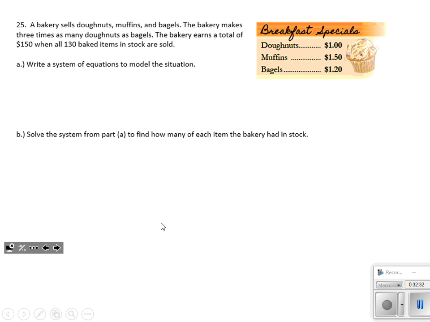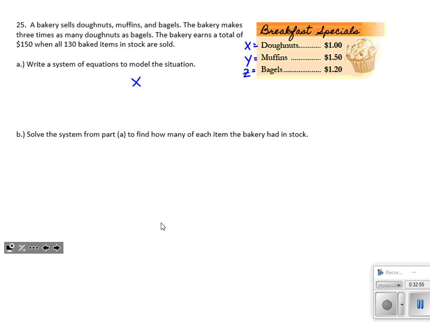Letter A says write a system of equations to model the situation. Well, let's let x equal the number of donuts, y equal the number of muffins, and z equal the number of bagels. That's the first important thing. Realize what you're trying to find so you can assign variables to that information. Then we want to look for totals. It says they had 130 baked items.